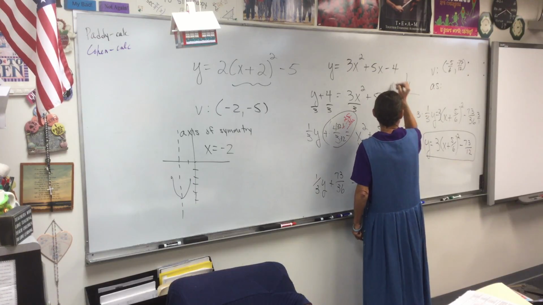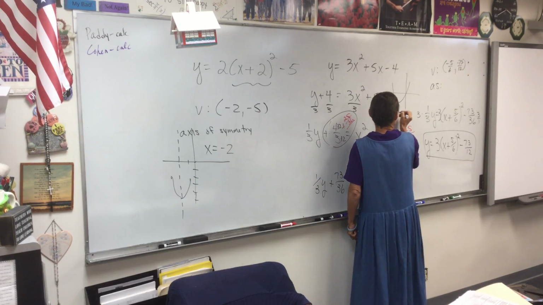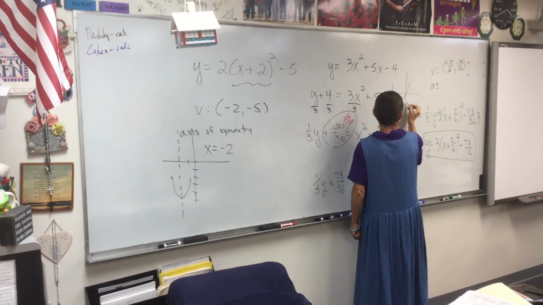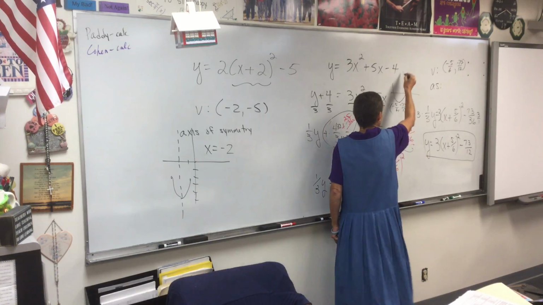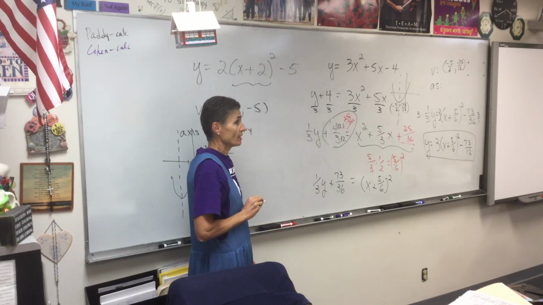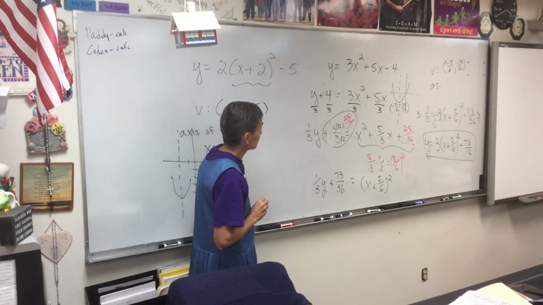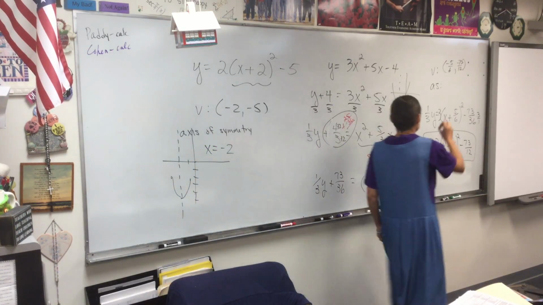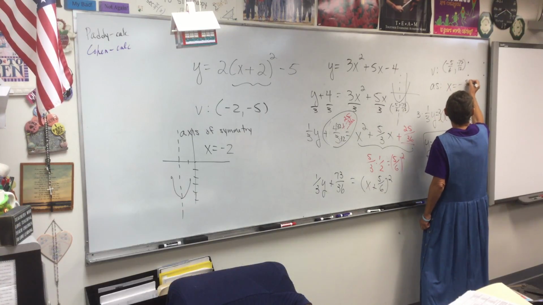So here's my parabola. Here's my axis of symmetry. What is the equation of my axis of symmetry? x equals -5/6.